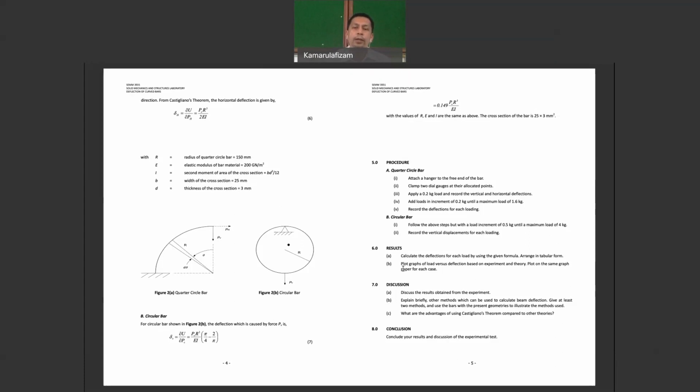Again, I recap the whole idea of you doing this experiment or even taking this subject is to implement the theory that you may have learned in the class into the real test rig.